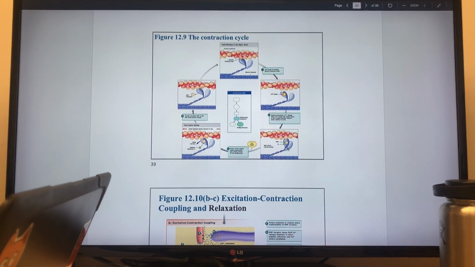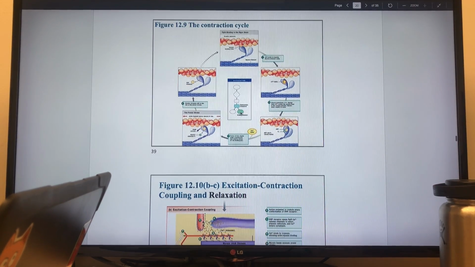But if you don't have any of the calcium in there, then you can't really bind. That's what I'm confused about. Got it. So I'm presuming it's like an all or none movement.